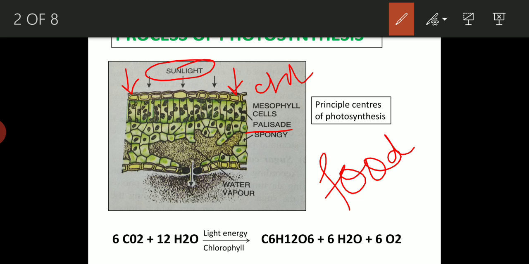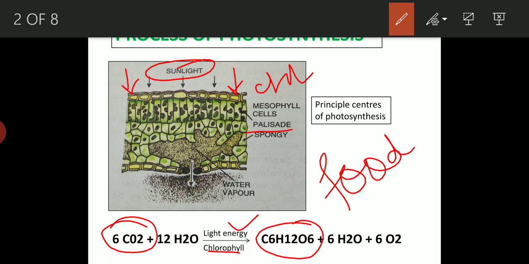Food means what is the product that is formed in this process? This is the glucose, that is C6H12O6. So, what is happening? By utilizing the light energy from sunlight, which is absorbed by the chlorophyll present in the mesophyll cells of the leaves, and carbon dioxide, which is provided by the atmosphere.